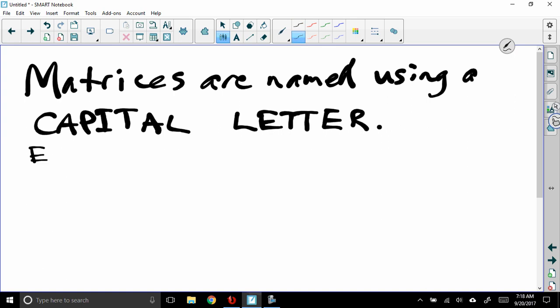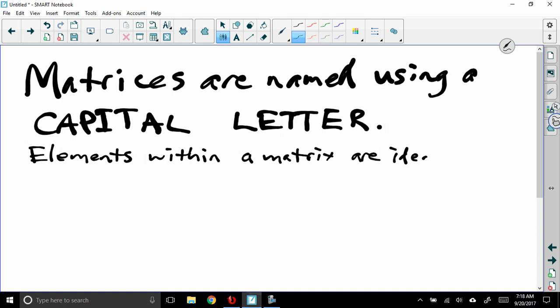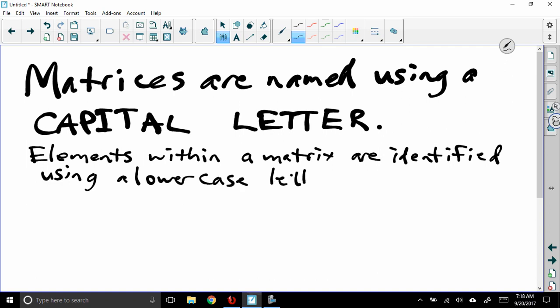Elements within a matrix are identified using a lowercase letter that corresponds to the name of the matrix.